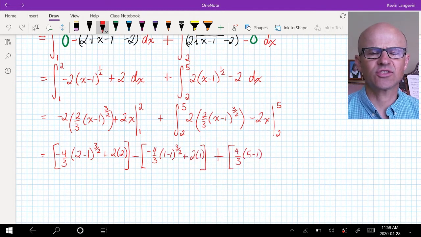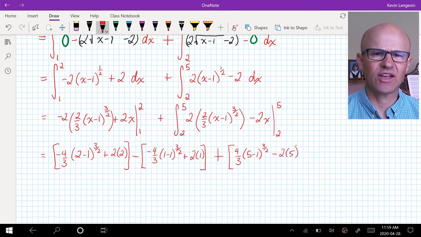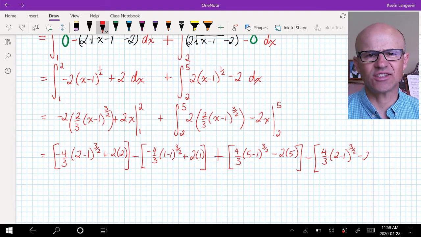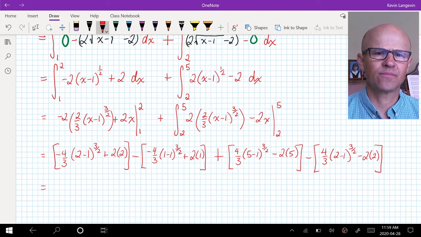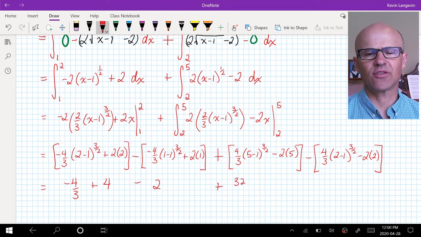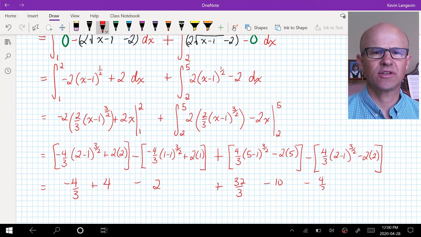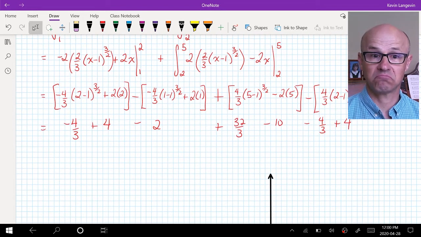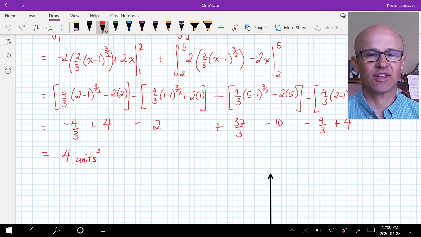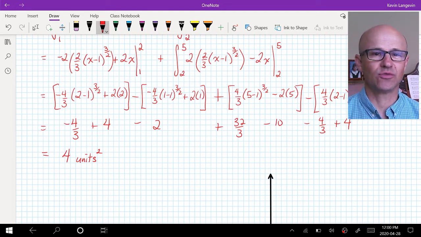The 2 sets of square brackets on the left of the plus sign are for the first antiderivative. The other 2 are for the second antiderivative. These simplify quite nicely to either regular numbers or thirds. I put it all together and, interesting, I get 4 units squared. They don't always work out to beautiful numbers like this, but it's kind of fun when they do.